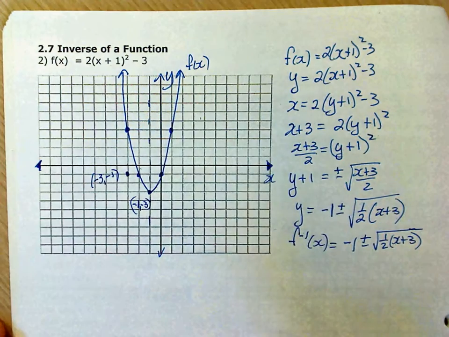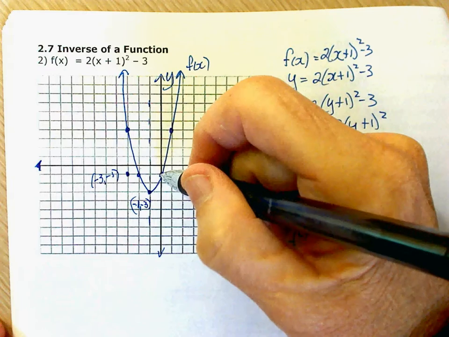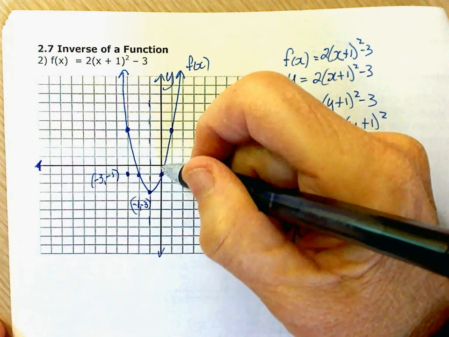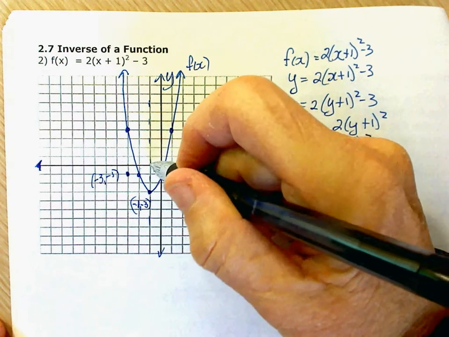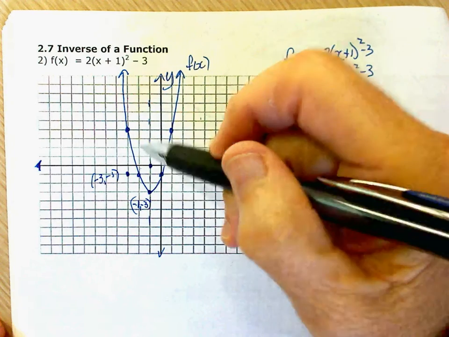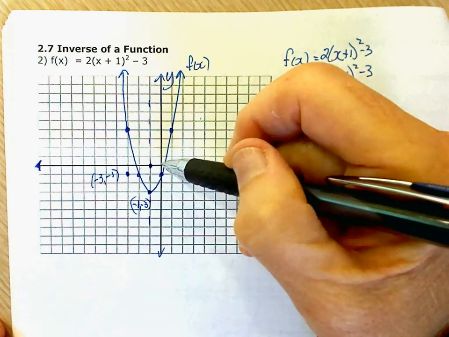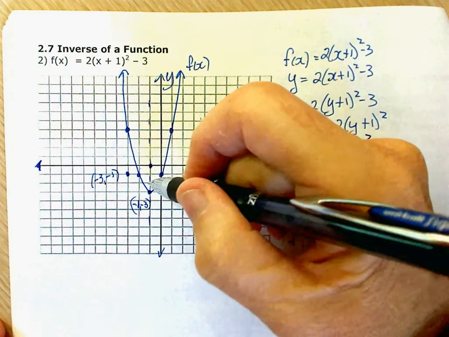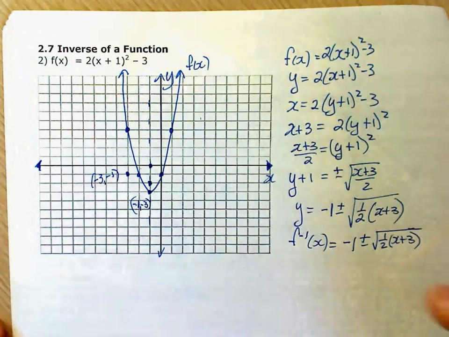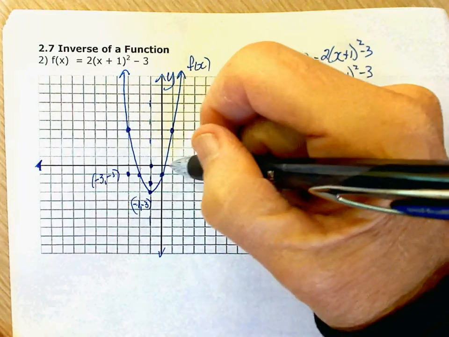This point is 0, negative 1, so our inverse will be negative 1, 0. This point is negative 2, negative 1, so our inverse will be negative 1, negative 2. This point is 1, 4, so our inverse will be 4, 1.